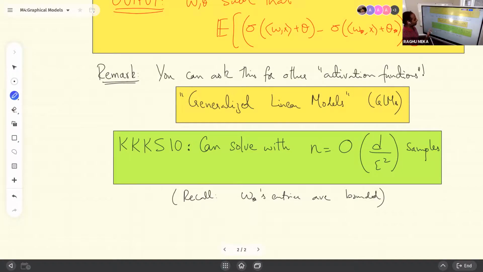Well, it's not really a shortcoming of this work, because they're not exploiting something that we know about our specific instance of the generalized linear model. Something that we have additional knowledge of and we should exploit. And what is that?